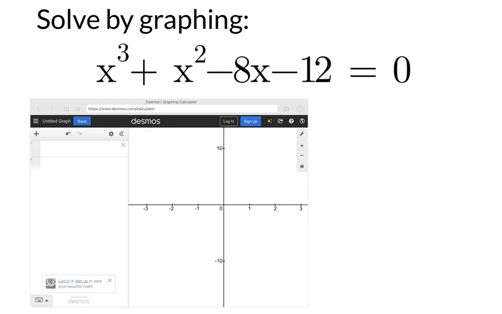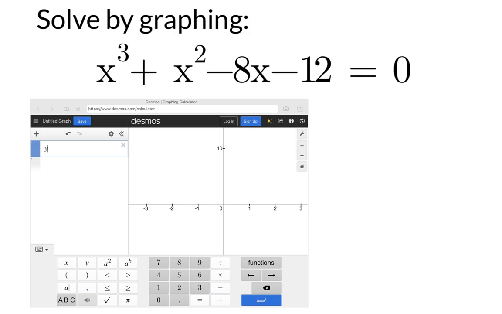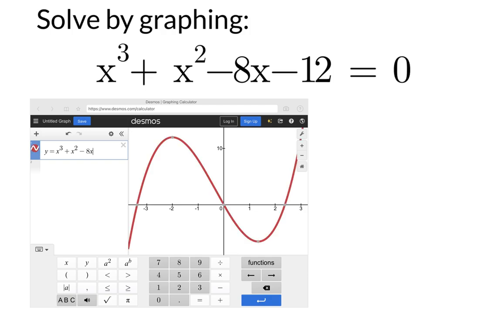So let's check out a couple special cases that we might run into. First of all, if we want to solve by graphing x cubed plus x squared minus 8x minus 12 equals 0, we're going to graph the polynomial y equals x cubed plus x squared minus 8x minus 12.